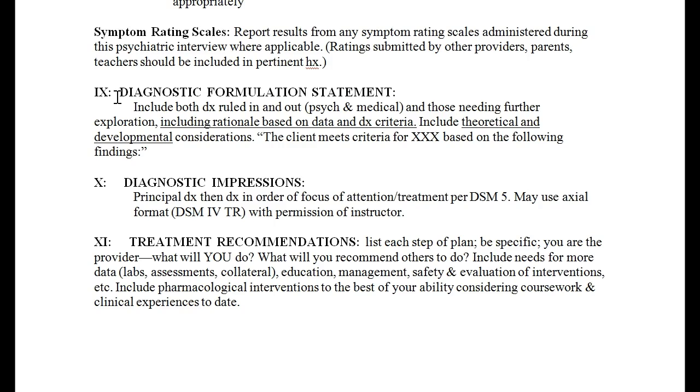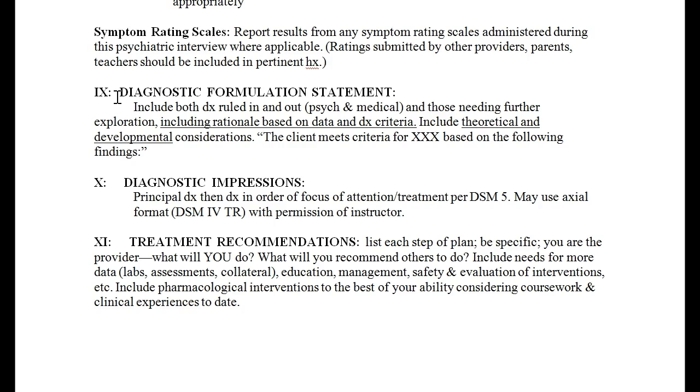But basically the purpose of the diagnostic formulation is to take everything that the patient is saying to you, everything that is in their history, and everything that you are observing, and think about that theoretically and developmentally, and what are the pieces of that that are pointing you towards a specific diagnosis.